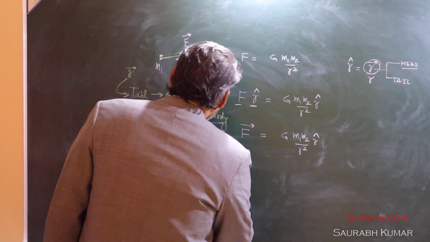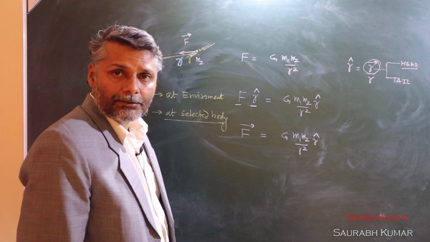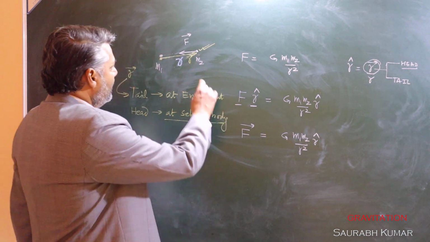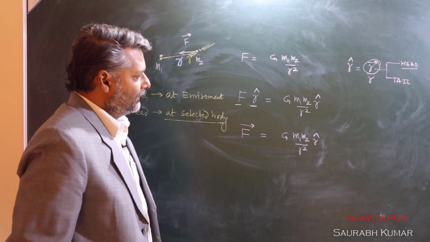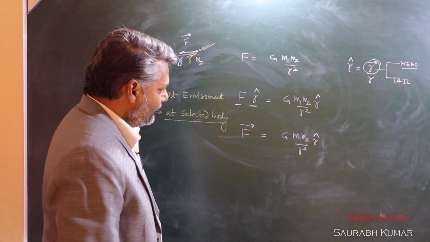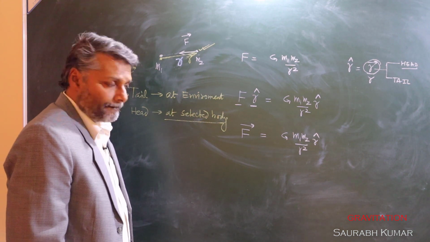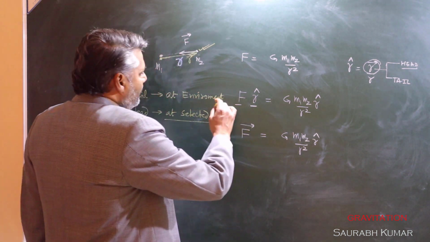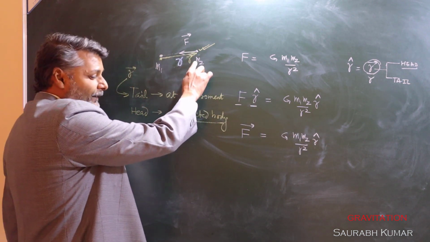Now, are vector r and vector F in the same direction? Look at this diagram. This is the direction of r, this is the direction of force. Are they in the same direction or opposite? So, is any correction required here? The answer is yes. This is r cap, mind you. We have shown vector r.